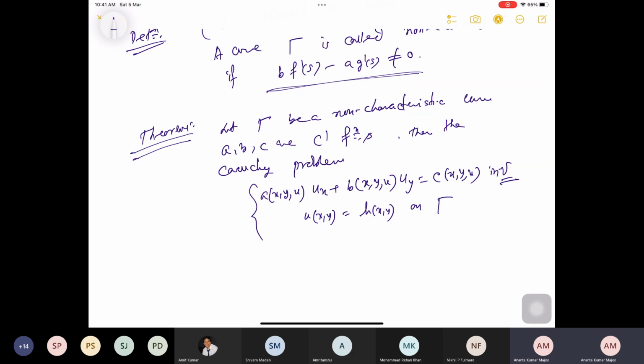Like in the ODE case, I have t0 minus epsilon to t0 plus epsilon; in that neighborhood a solution exists. So in a neighborhood of gamma, x, y, z satisfy this condition, and z is equal to u of x, y.